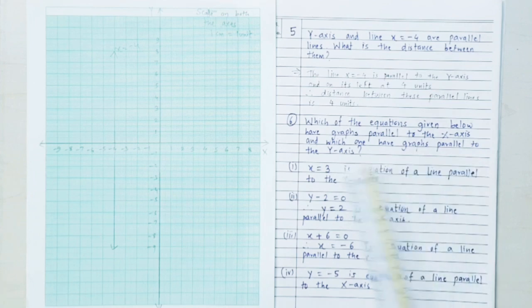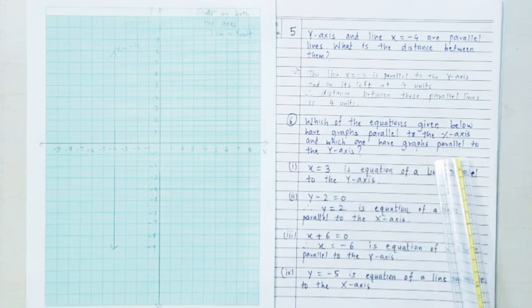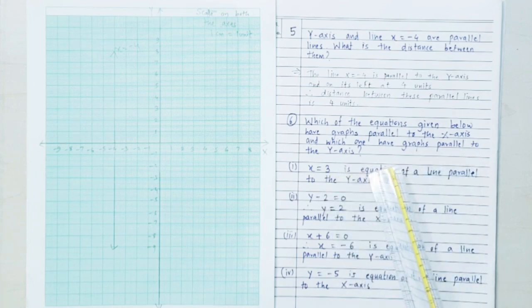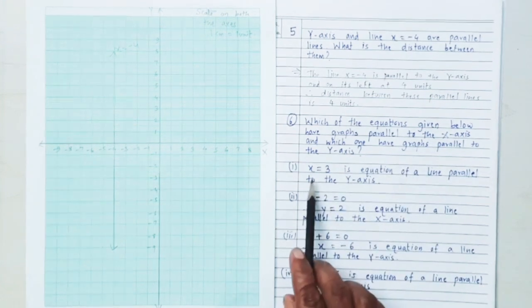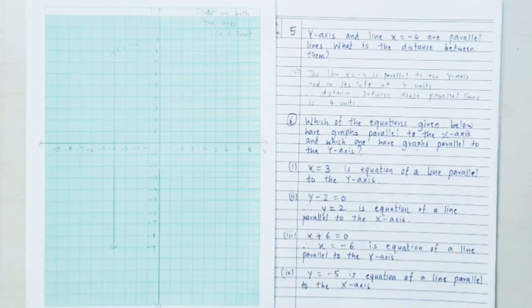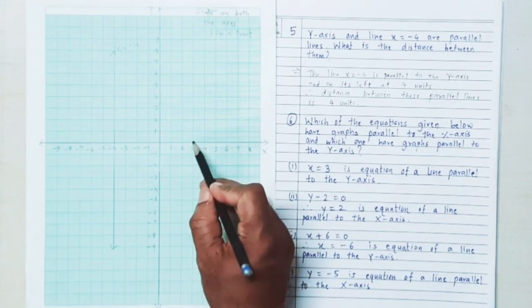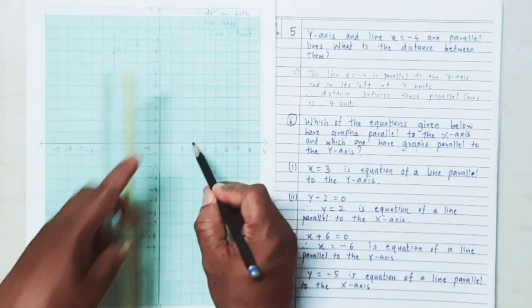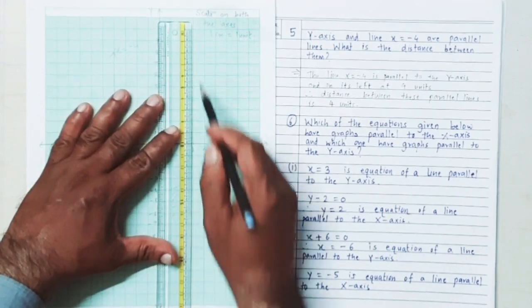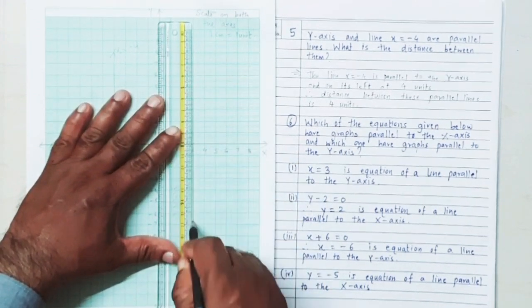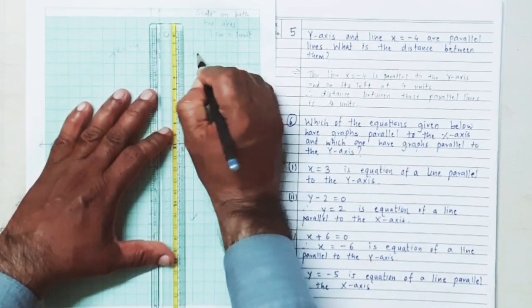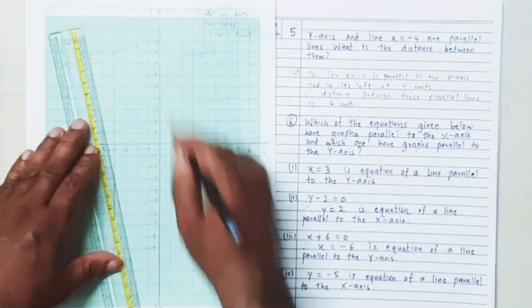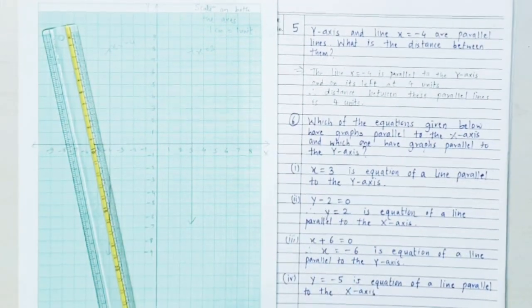Question number 6. Which of the equations given below have a graph parallel to the x-axis and which have a graph parallel to the y-axis? First is x is equal to 3. So x is equal to 3 is the equation of a line parallel to the y-axis. Next, y minus 2 is equal to 0, therefore y is equal to 2.